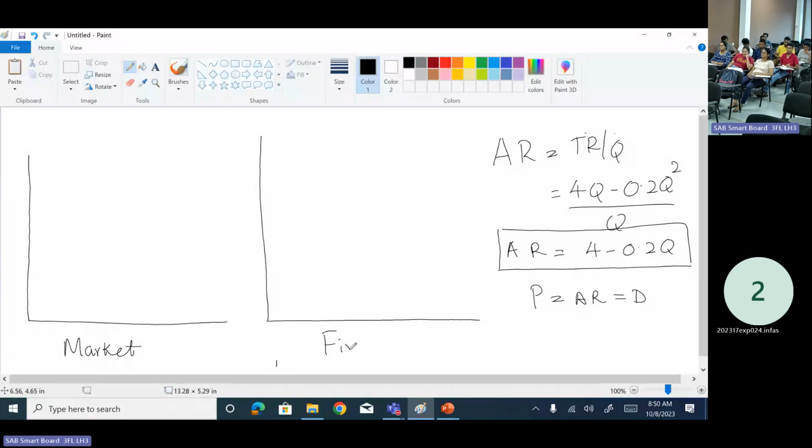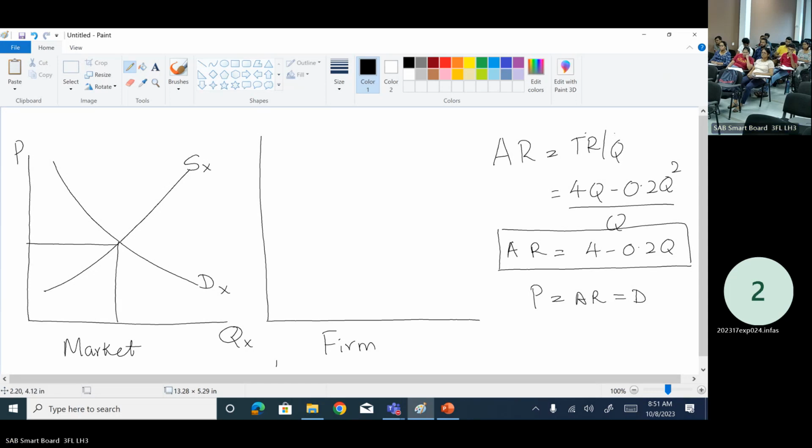This is the perfectly competitive market we are talking about, with the demand and supply forces. The market is determined according to the demand and supply process. The market determines the price and the quantities. There are a large number of firms operating in the perfectly competitive market.